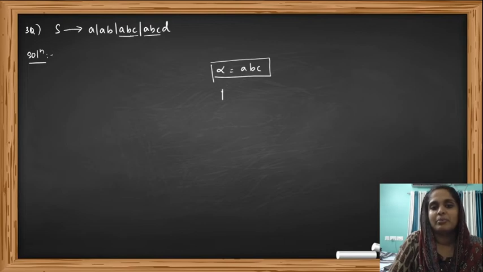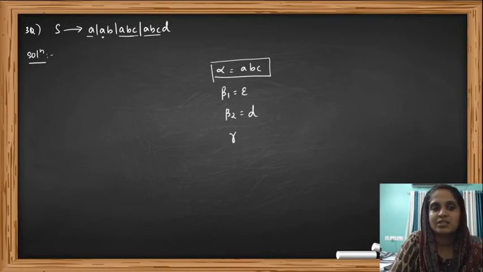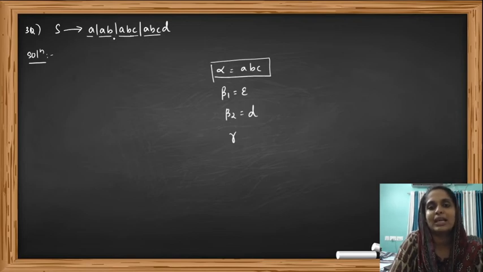What will be the value of beta 1 and beta 2? I am considering 2 terms only, so that's why beta 1 and beta 2. Beta 1 is epsilon. There is nothing after ABC, so beta 1 will be epsilon. And what's beta 2? Beta 2 will be D. Okay. And what's the value of gamma? Here, there are 2 gammas because these 2 terms, A and AB, the first 2 terms do not start with ABC.